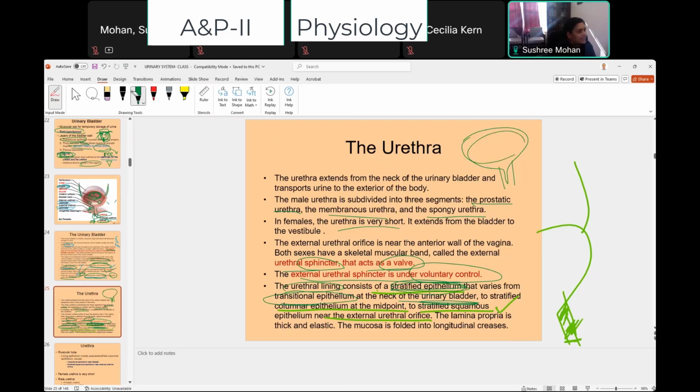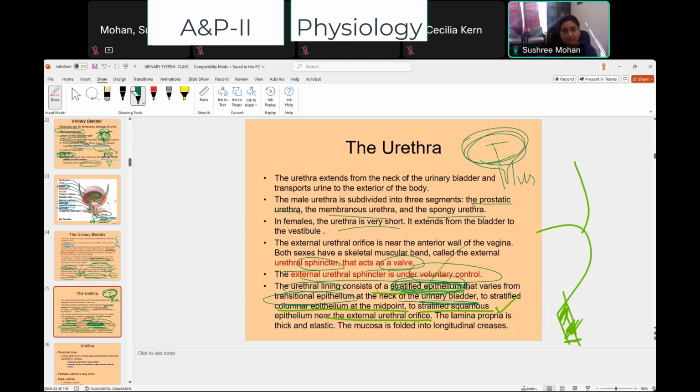So here it is transitional because it has to store the urine and it has to swell up and expand. That's why it is transitional. But when you come down to the urethra, it changes into stratified epithelium. Why stratified? I've told you stratified means multi-layer. Why multi-layer? Because it's going to tolerate the acid content of the urine.